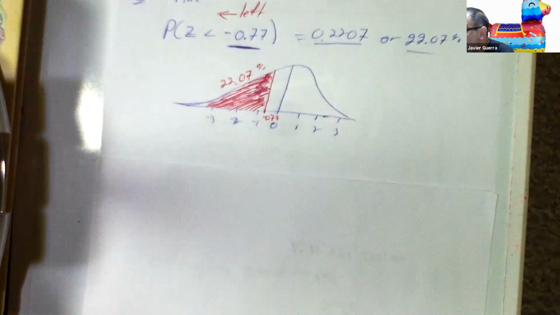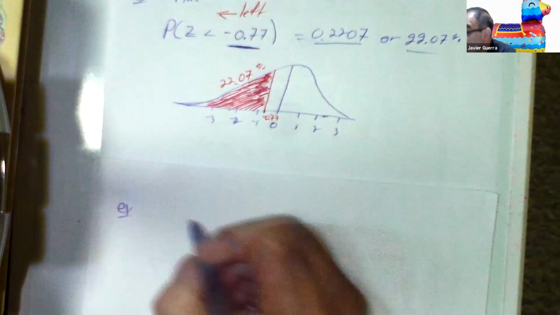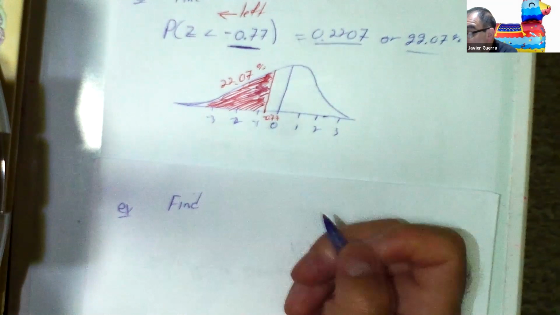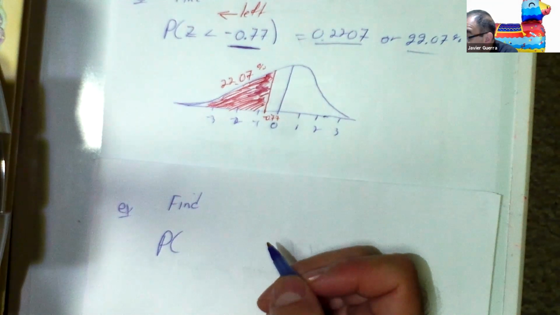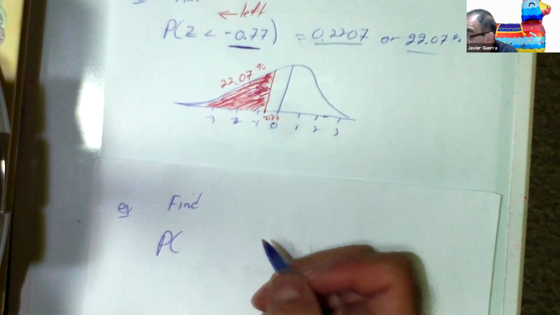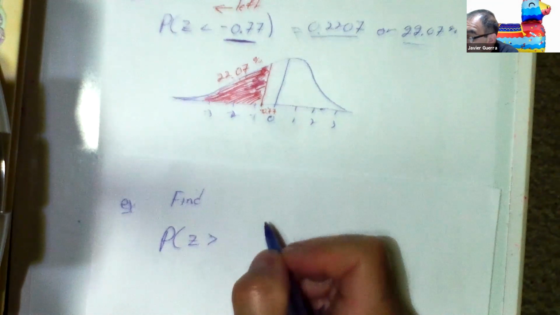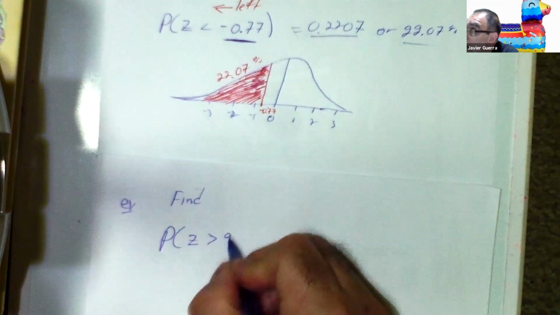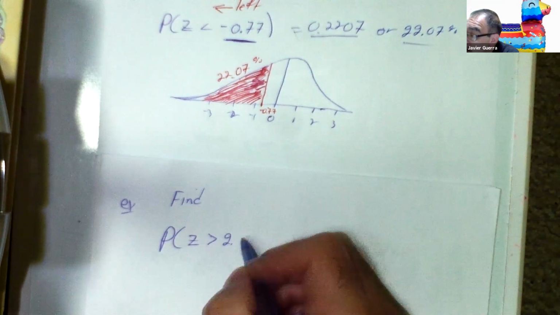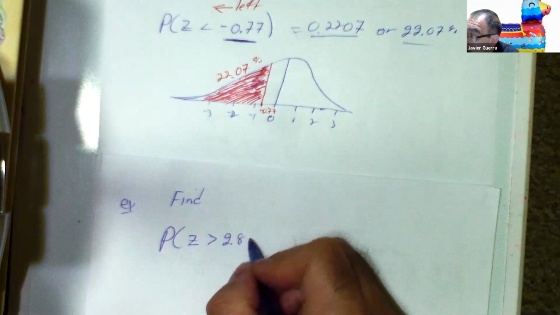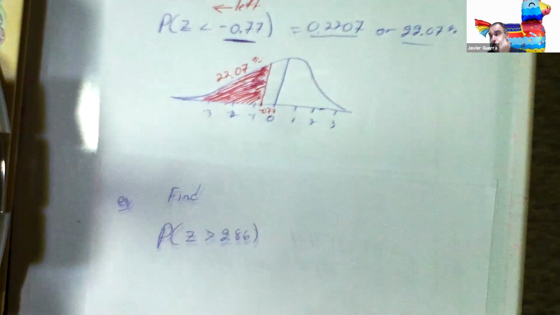All right, here we go. Find, Z is greater than 2.86.